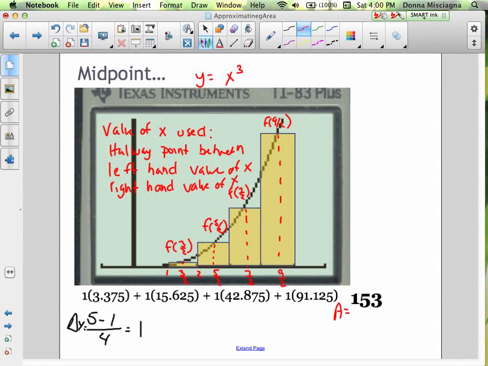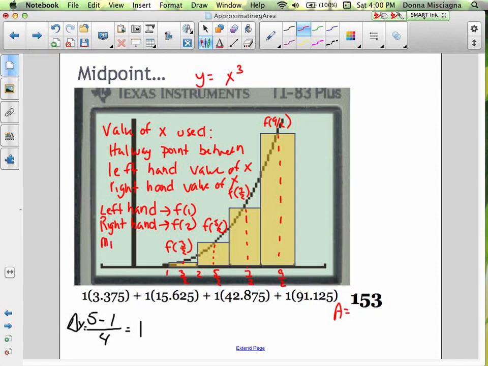Right? So for the left hand side, we would use f of 1. The right hand used f of 2. Halfway between 1 and 2 is 3 halves.